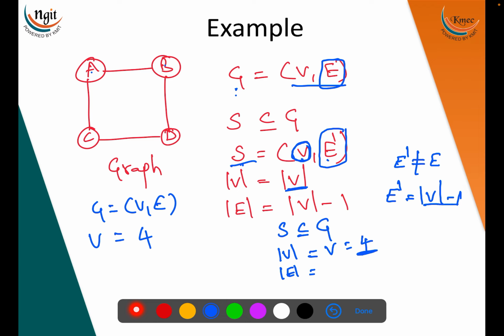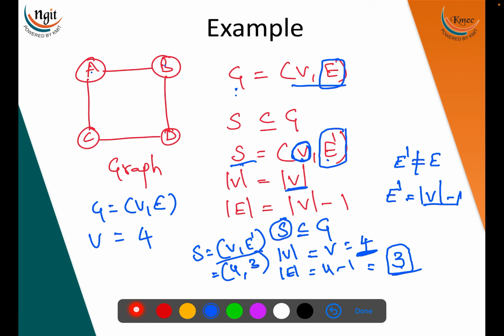So V minus 1, that is 4 minus 1 equal to 3. So the number of edges of the spanning tree should be 3. As far as this example is concerned, S is equal to V comma E dash, meaning the number of vertices is 4 and the number of edges is 3. Then it is called a spanning tree.